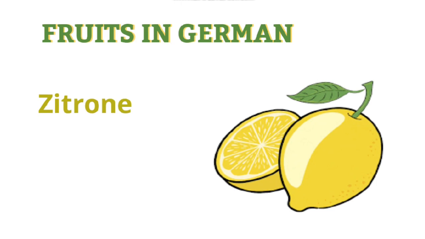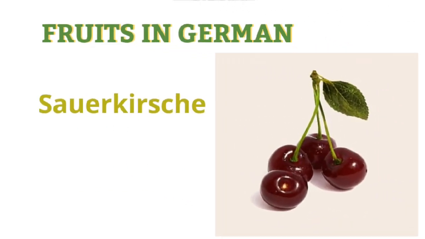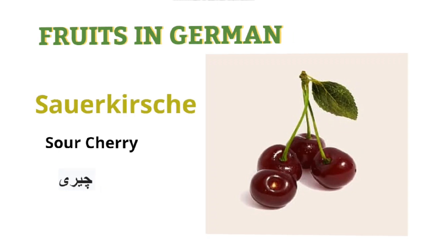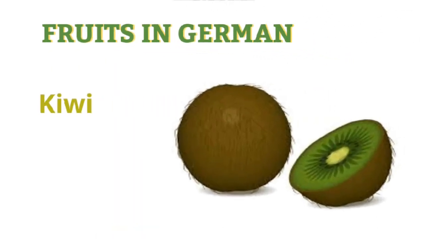Our next fruit is Süßkirsche. Süßkirsche means sweet cherry in English. Next is Kiwi. Kiwi is also called kiwi in English. Spellings and pronunciation of both these words are the same.